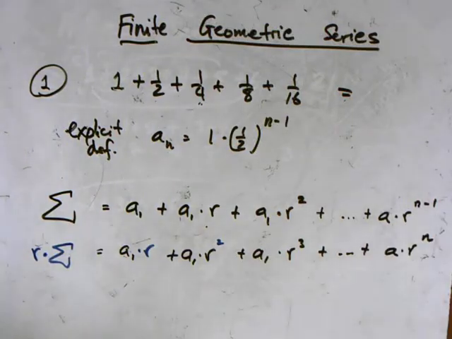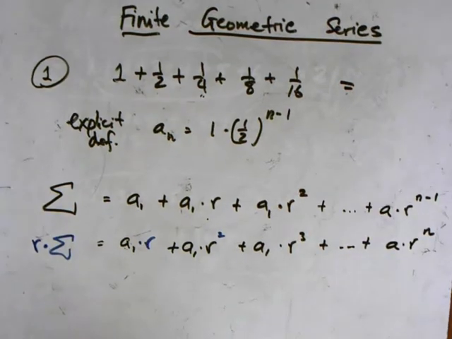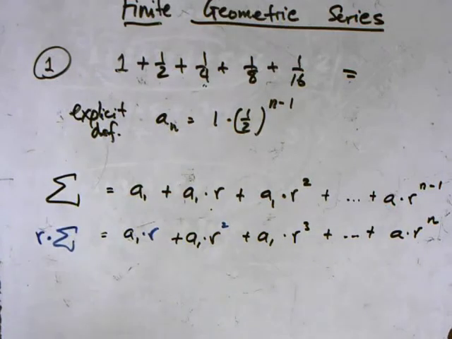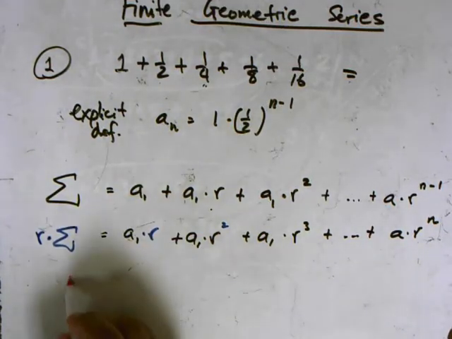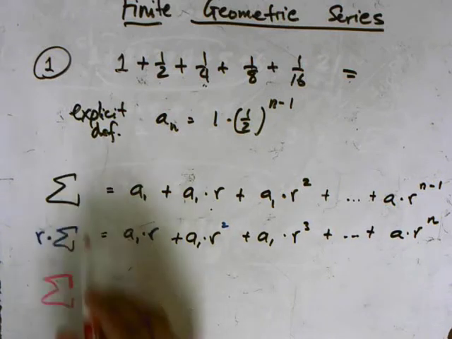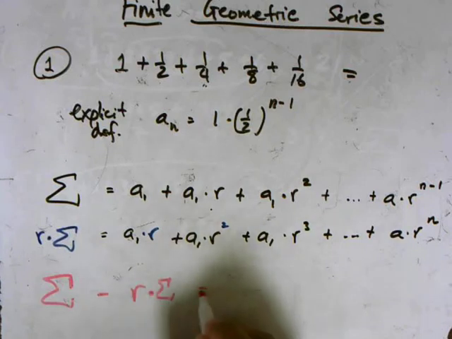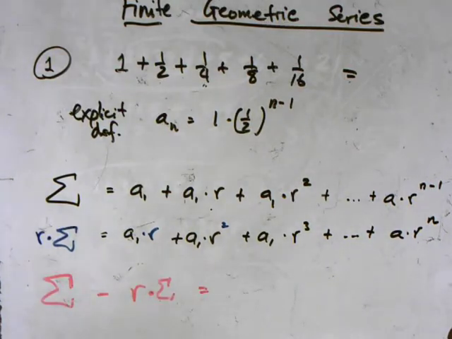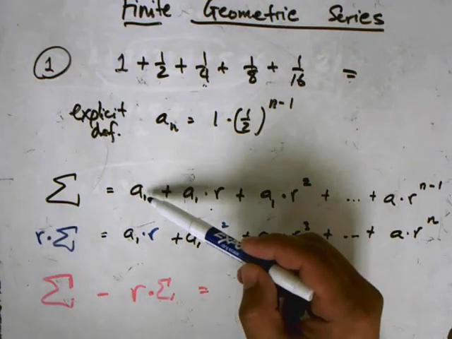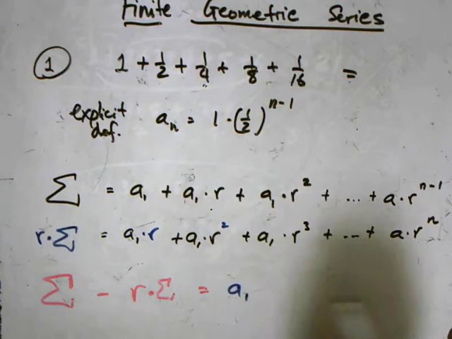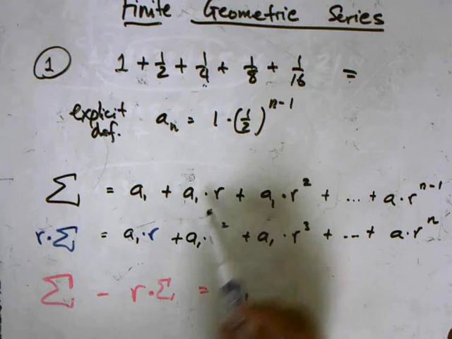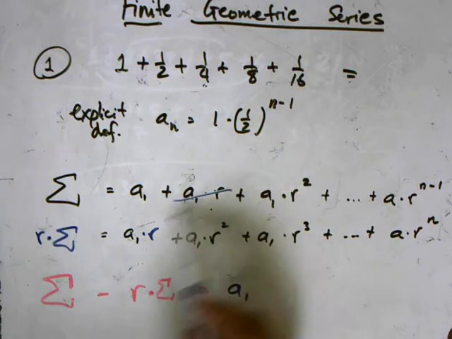Then the next trick is I'm going to subtract one of these series from the other. So I'm going to do the first series without the r minus the second series. When we do this, you can see that I have a sub 1 here, so that's still going to be down here. Then I'm going to have a sub 1 times r minus a sub 1 times r, so these are going to cancel.